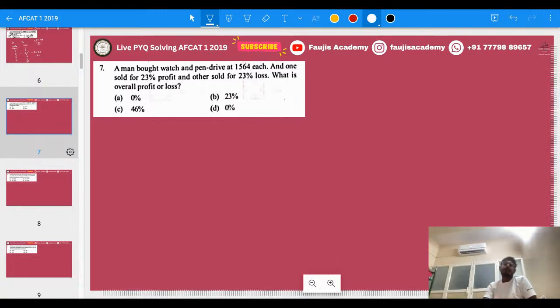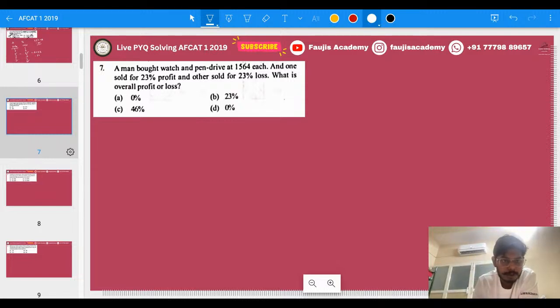Without using pen and paper, tell me. Only one of you is answering. Please read the question carefully and answer. A man bought a watch and a pen drive at a cost price of 1564 rupees each.